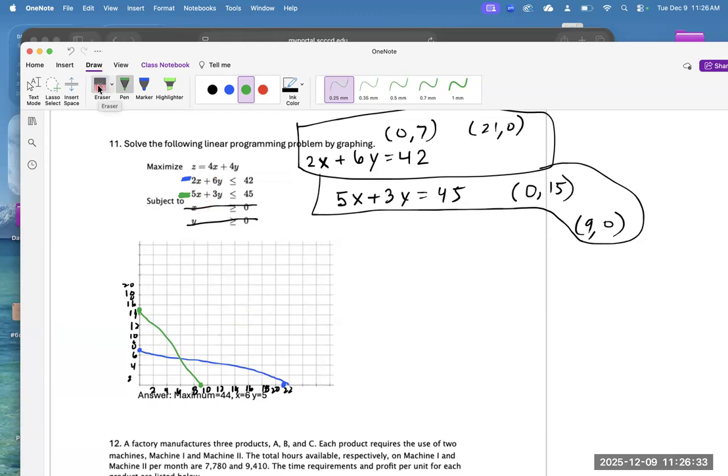That way we can know which side we need to shade. 0, 0 is clearly underneath these lines. So if 0, 0 makes these equations true, then we will be shading underneath the lines.